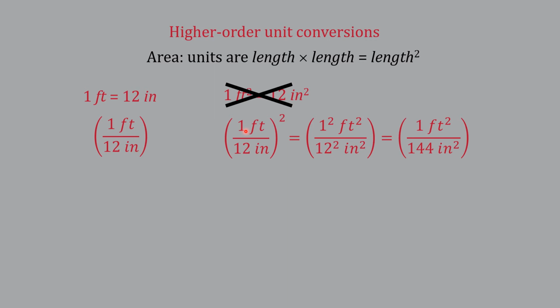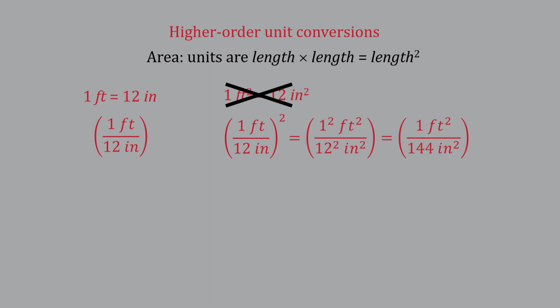So that means that 1 foot over 12 inches, squared, is equal to 1 squared feet squared over 12 squared inches squared. To make that a little more palatable, 1 squared is 1, and 12 squared is 144. And this has actually given you the conversion factor.